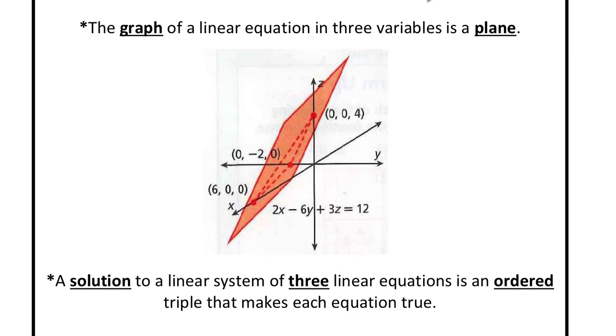Down here, we have another statement or definition. The graph of a linear equation in three variables is a plane. This is the same idea of a plane when you talked about it in geometry. I think it was the first chapter of geometry, where you were talking about planes and lines and points and rays and line segments.